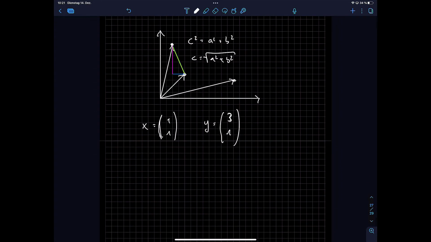So what the Euclidean distance does, let's assume that we have our third vector, which is called z, and it's 1 and 3. Or it's not exactly 1 and 3. Let's say it's 0.5 and 3. Then what it does, from an element-wise perspective, is calculate first the difference of 1 minus 0.5.